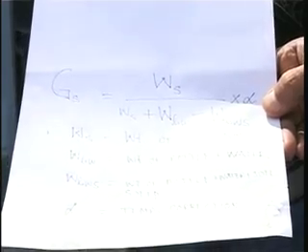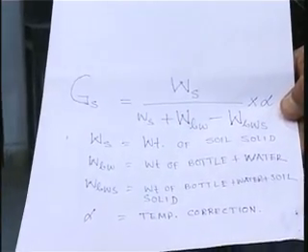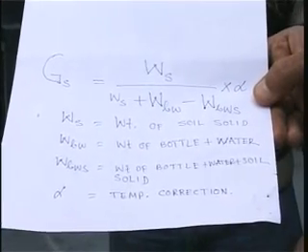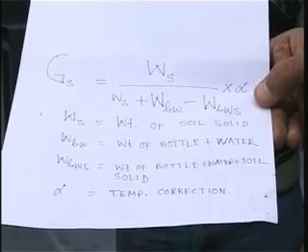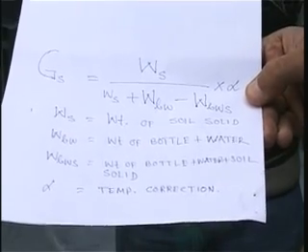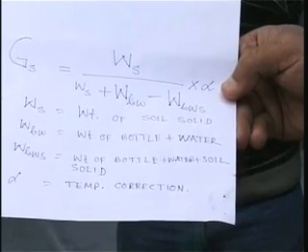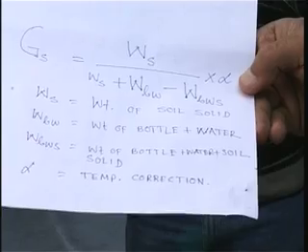This is the equation that we use for finding out the specific gravity of soil solids, which is given by W_S divided by W_S plus W_BW minus W_BWS, multiplied by a quantity alpha. So the explanation of these different symbols are also there at the bottom.